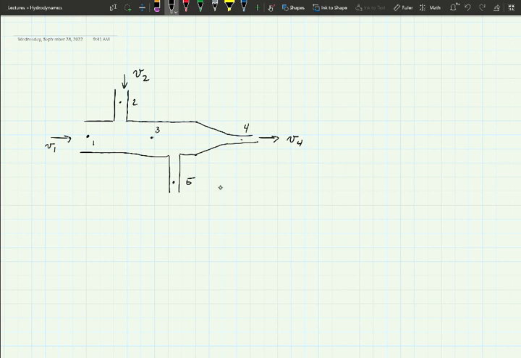Okay? 0.5 could be in or out, depending on what the situation is. Okay? So remember this: Q in must equal Q out. Okay?